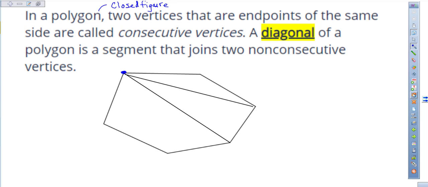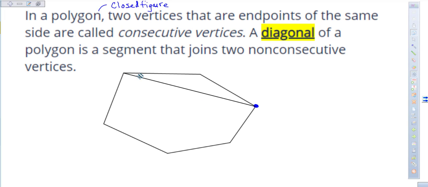If I go back and undo these, I could have picked any of these spots to start in. If I pick there, I can still draw in diagonals up to there, over to the far left point, and down to the bottom. So I'm still having three diagonals.